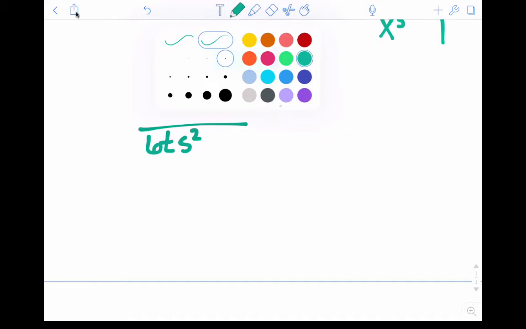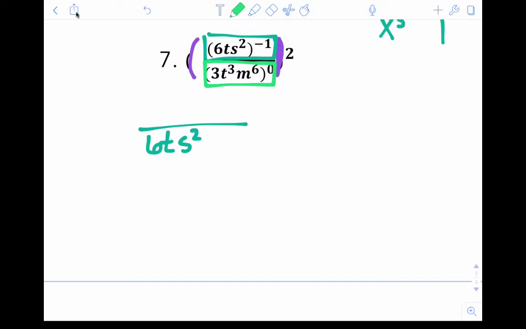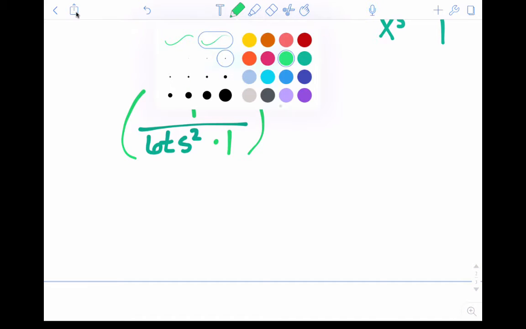And then my denominator is 3tm cubed, m to the 6th, to the 0 power. Well, that whole thing is to the 0 power, so that whole thing becomes 1. And so that's all that I have inside of my parentheses. And then everything from my numerator moved down to my denominator. So I need to just make my numerator 1. And then this is to the 2nd power.